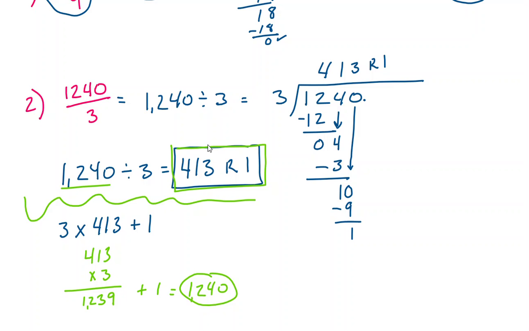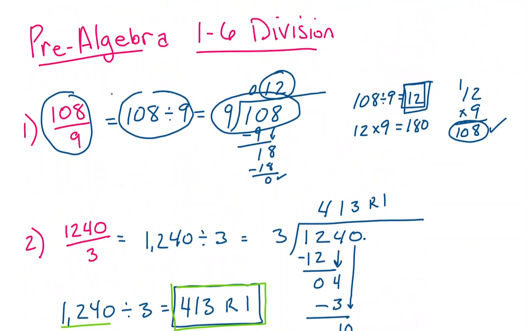Now, let's go back and just think about what this might mean in a word problem, just real quickly. Let's start with the first one. If I have 108 candy bars and there are 9 students in the class, how many candy bars does each student get?